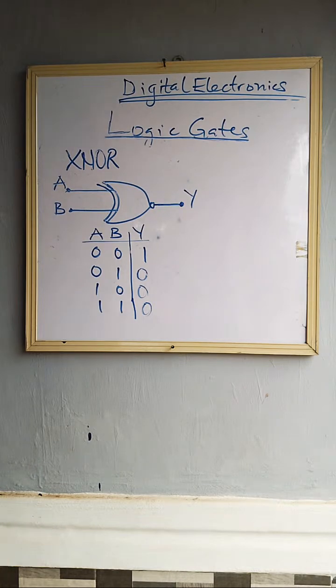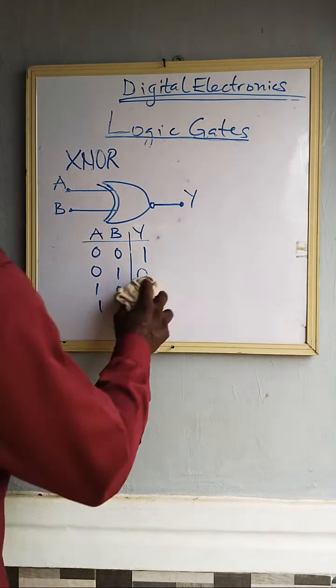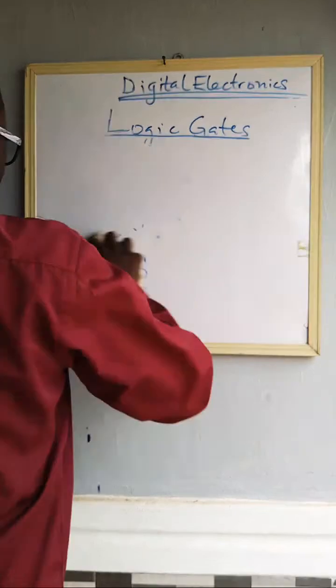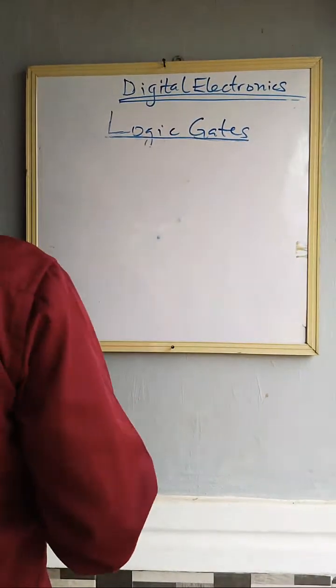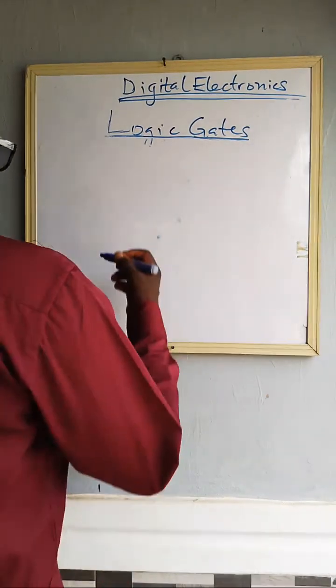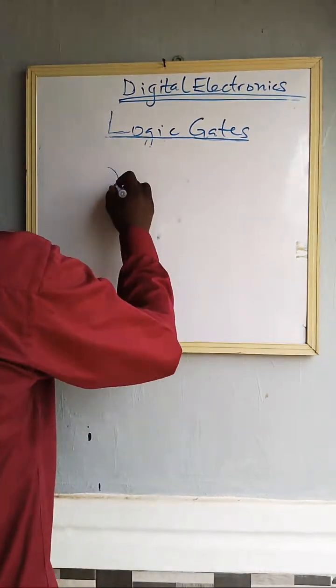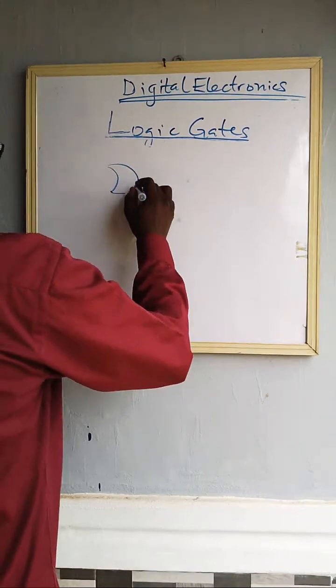Now we want to look at some combination of logic gates and try to write out the outcome of combination circuits in logic gates. Let's give an example. We have a condition such that we have some functions. We have an OR gate here.